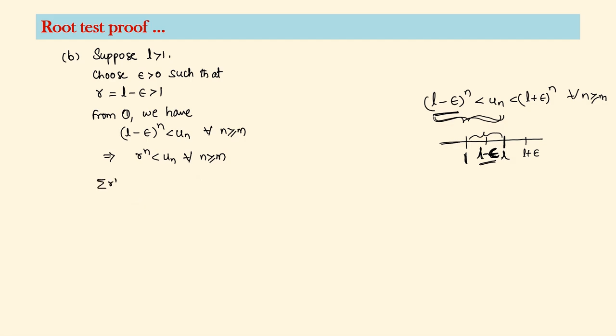Summation R power n is a geometric series with R greater than 1. That implies summation R power n is divergent.